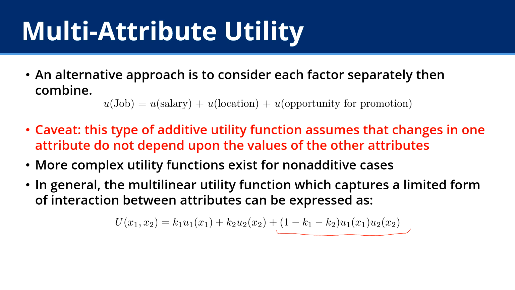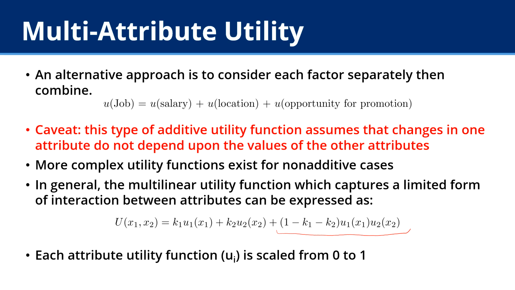So the claim here is that a change in attribute 1 has an impact on attribute 2. Each utility function ui is scaled from 0 to 1 when we're calculating this multilinear utility function.